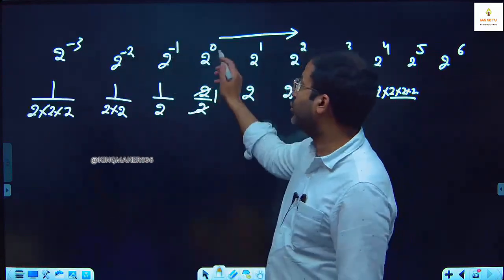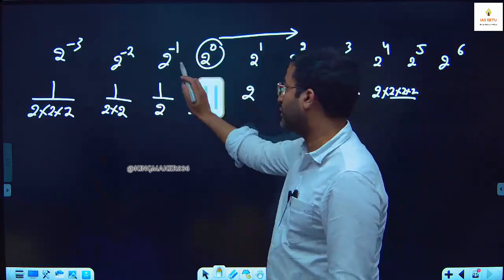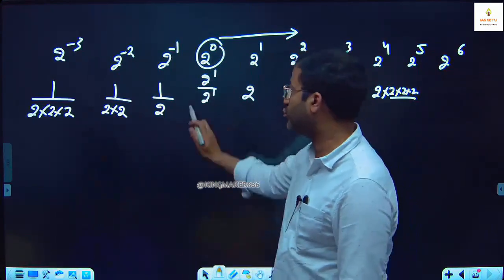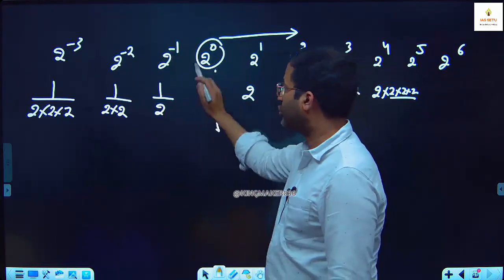So what is important? 2^0 is actually 2^1 divided by 2^1, means 2 upon 2, which is actually 1.